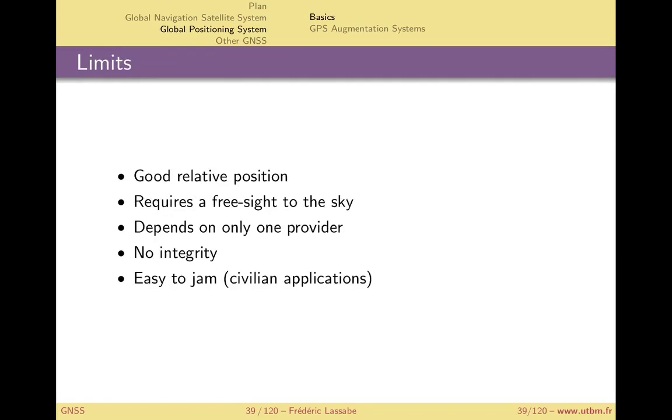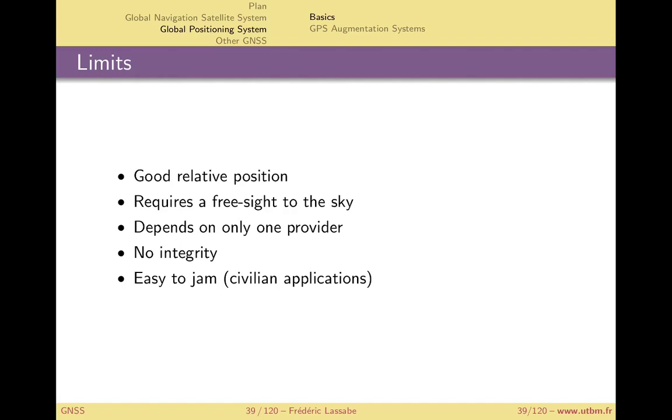So with all of these concepts and ideas in mind, we can draw some limits of the basic GPS. It provides a good relative position, but it requires a free sight to the sky, so that's why indoors we have to develop other systems, such as we did in the first part of this module.